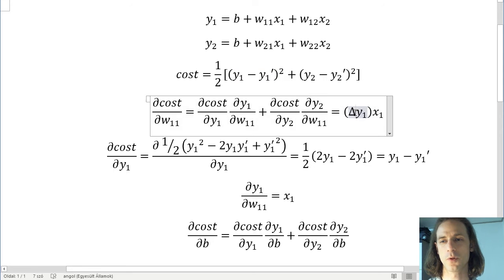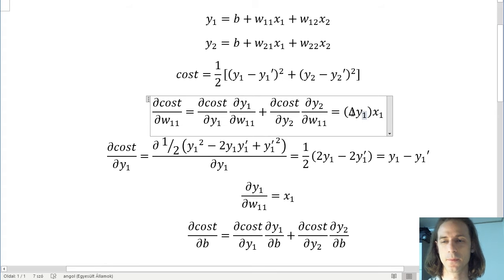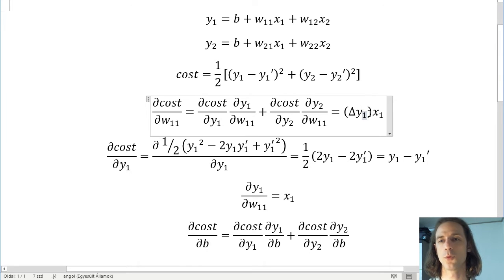It's going to be, of course, different if you have a different cost function. But in any case, you can define this delta y1 in any way, and you just calculate it for every output, calculate that delta, and you just use that.